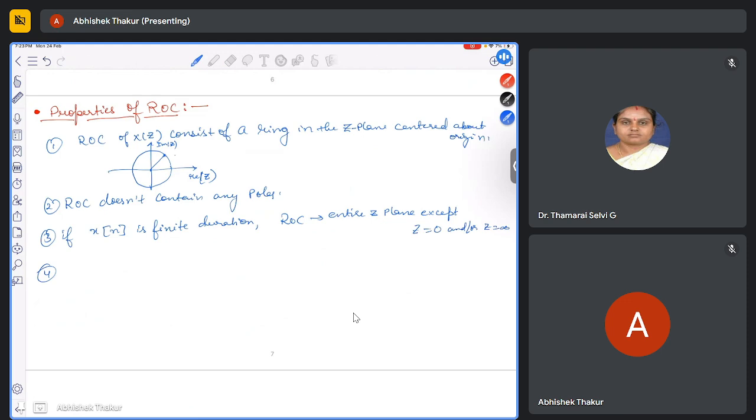It does not contain the origin and the infinite ring, the radius being infinite.